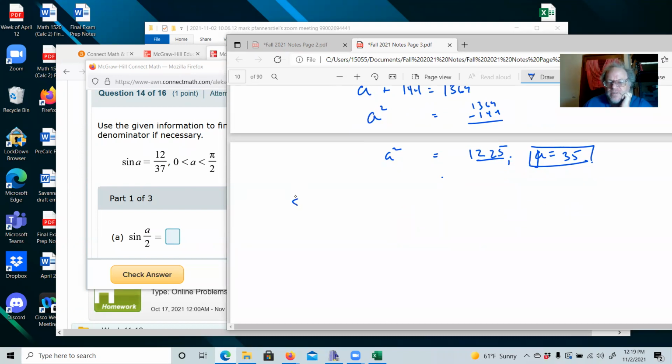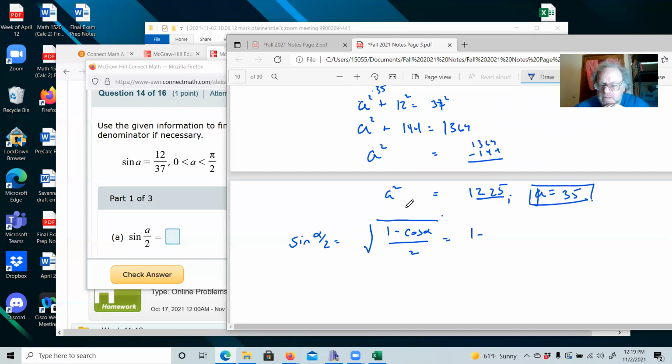So this is sine alpha over 2, equal to the square root of 1 minus cosine alpha all over 2. What's my cosine of alpha? That's going to be 35 over 37.